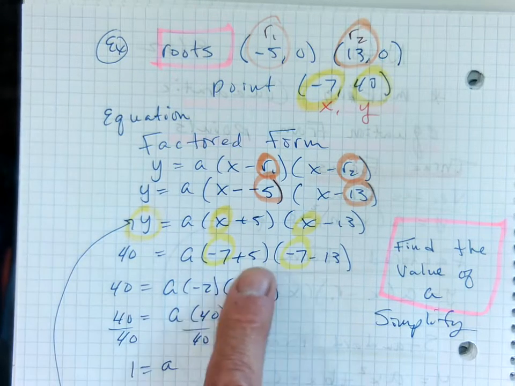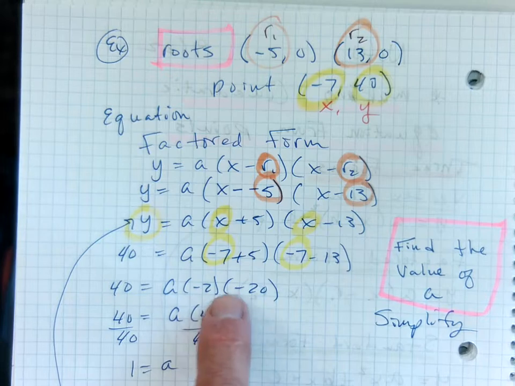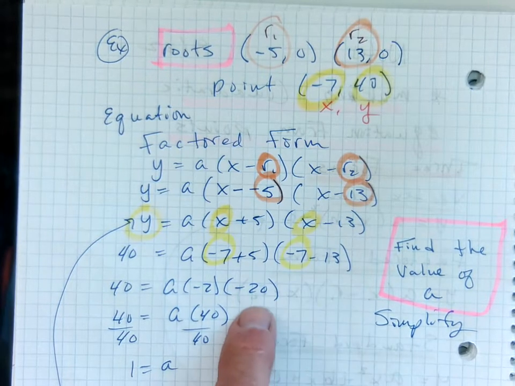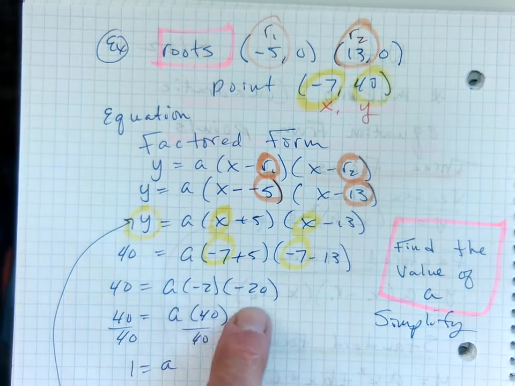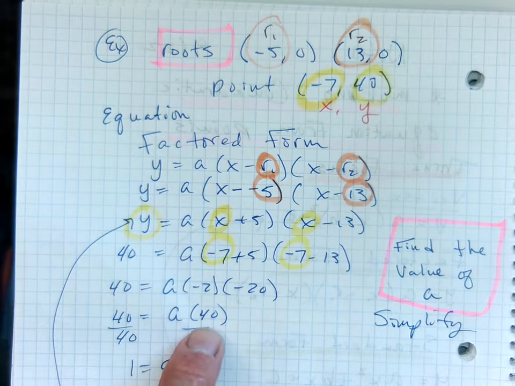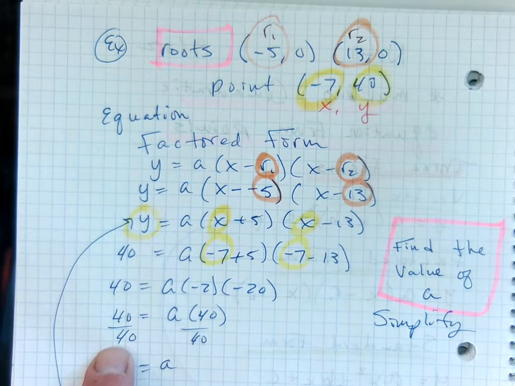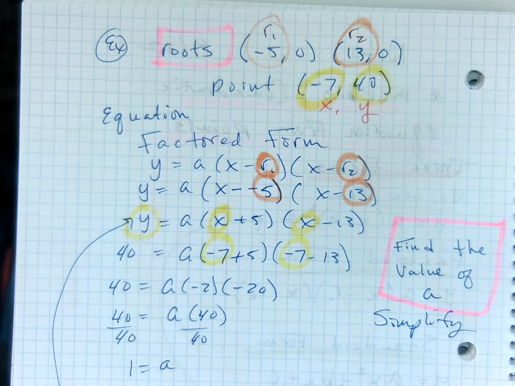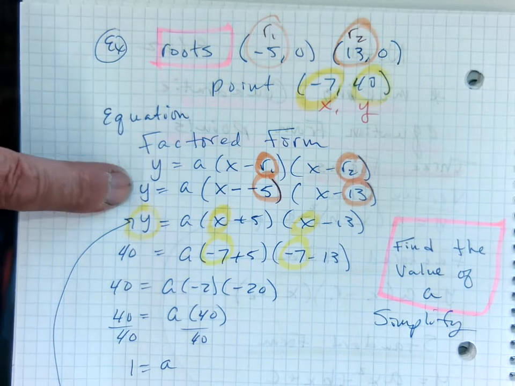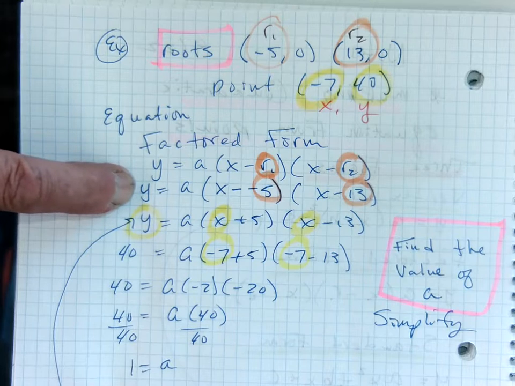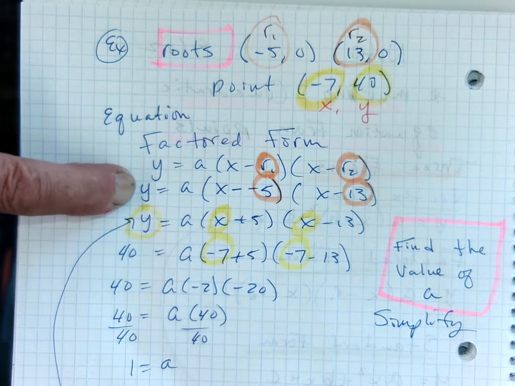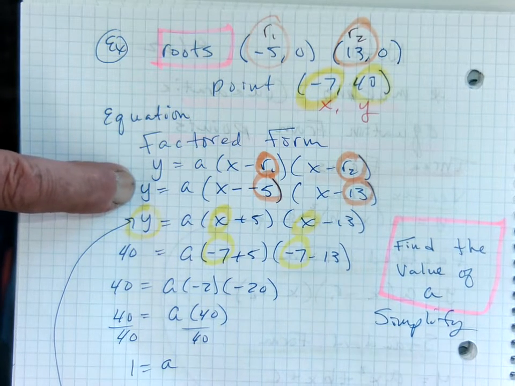Negative 7 plus 5 is negative 2. Negative 7 minus 13 is negative 20. If I multiply these two, I get 40. Solving for a, I divide by 40, and a is 1. Now I know a, and I can go straight down to putting it back into my factored form. I know a is 1, which gives me an answer of 1 times (x plus 5)(x minus 13).